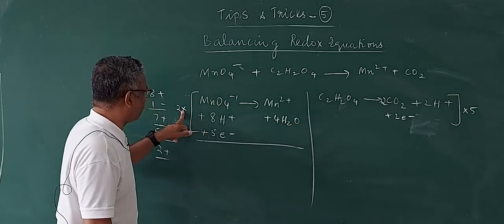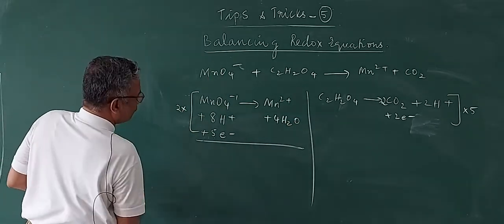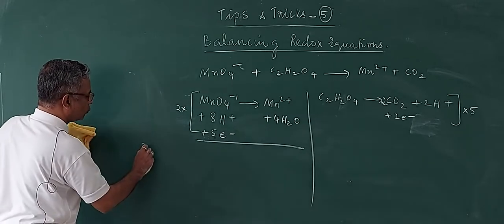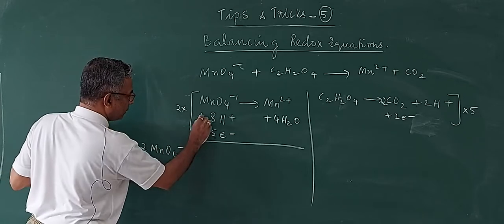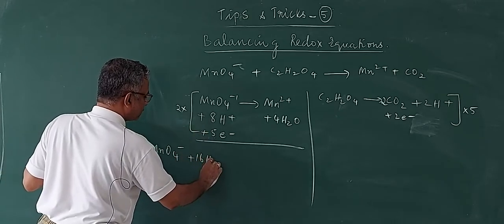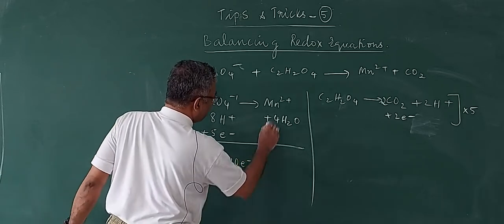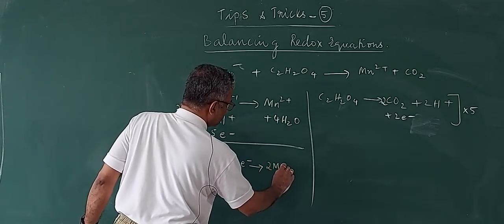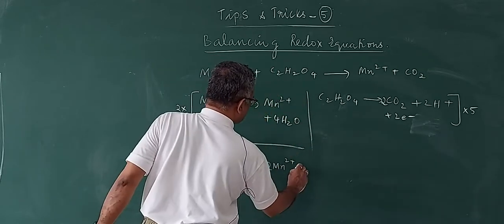Now, if you multiply by 2, I will write it here. 2MnO4 minus plus 16H plus 10 electrons will give you 2Mn2 plus plus 8H2O.